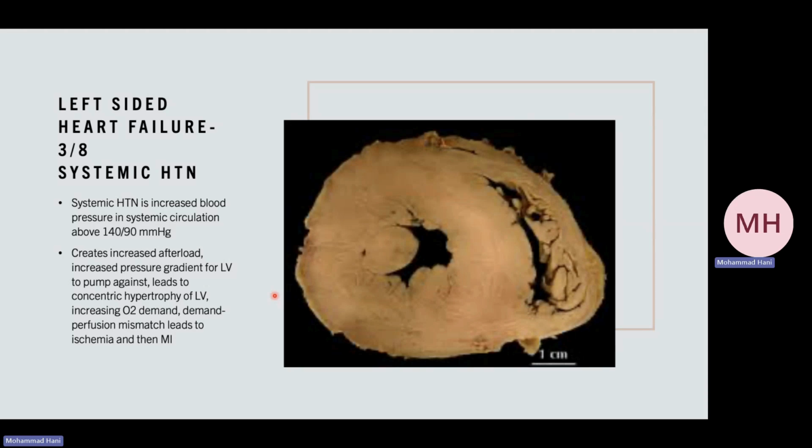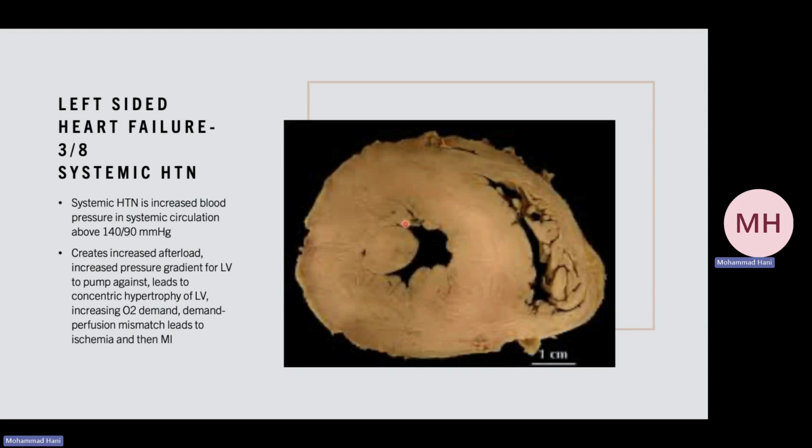Since they're akinetic, they're unable to contract, so you have parts of the myocardium which are non-functional. They cannot contribute to the function of the myocardium, and overall, chronically, this could lead to a failing ventricle.